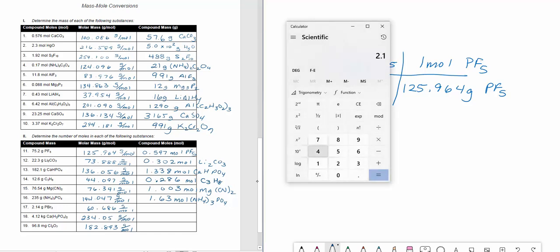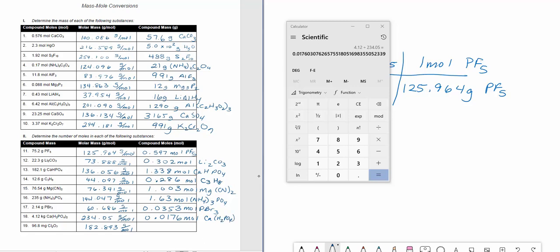Number 17, 2.14 grams. I'm going to divide that by 60.686. That's my molar mass. And I will report 3 significant digits, 0.0353 moles of my compound. And number 18, 4.12 divided by 234.05, and I get, let's see, I started with 3 sig figs, end with 3 sig figs, 0.176 moles of my compound.